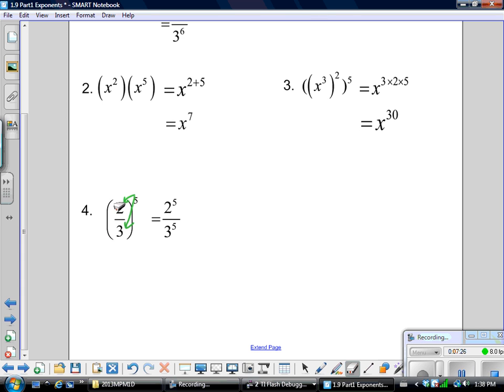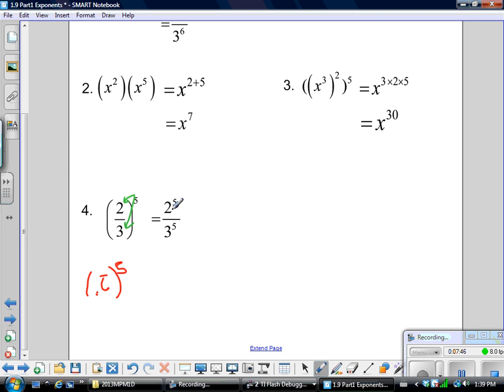2 divided by 3 is decimal 0.66 repeating. And then that to the power of 5. So if I actually had to evaluate that, that would be 0.6 repeating to the power of 5, which would not be easy. Okay, it just wouldn't be.